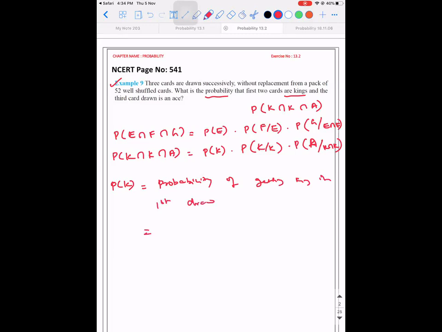What is the probability, guys? It is 4 by 52.